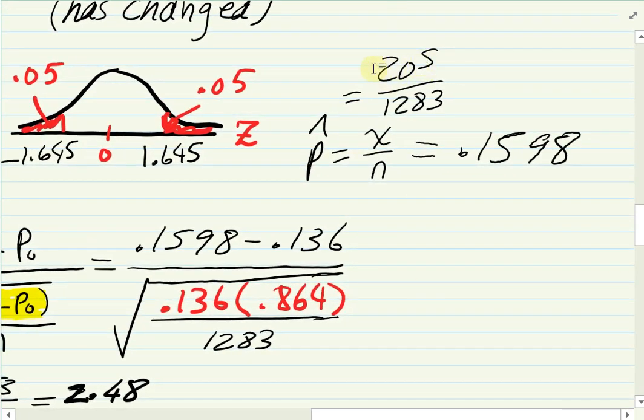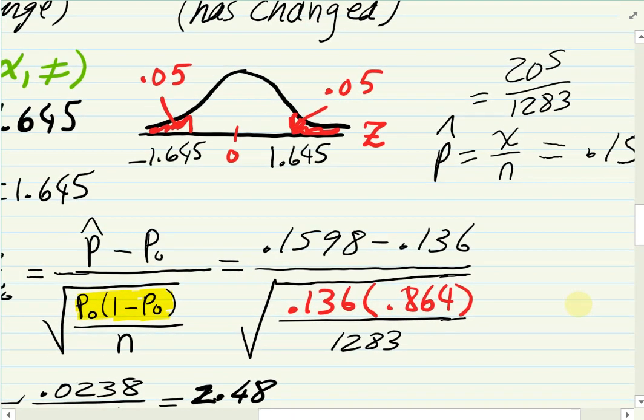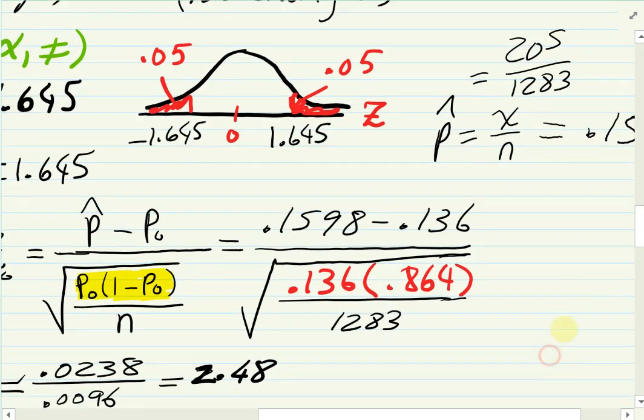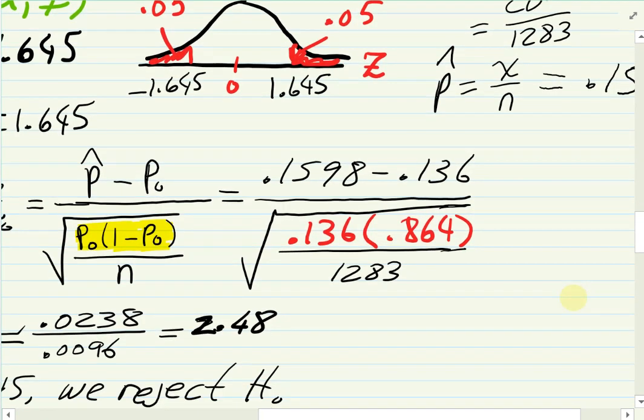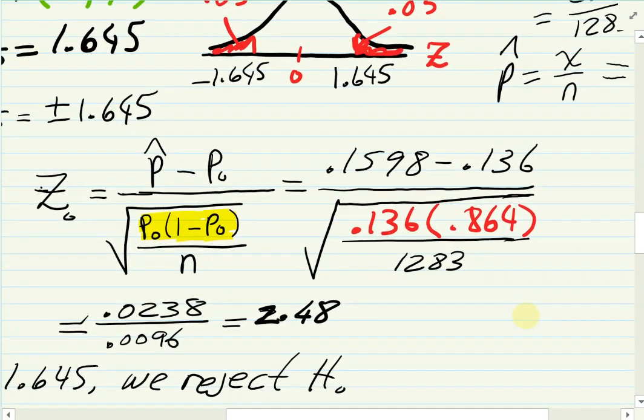Remember, 205 were users of those substances out of a sample of 1,283. That gives me about 16% from the sample. If you look at the difference between the sample and the hypothesized percentage, that difference is about 2.5% right here. See the numerator? So it looks like it has increased according to the sample by over 2% since 2000.